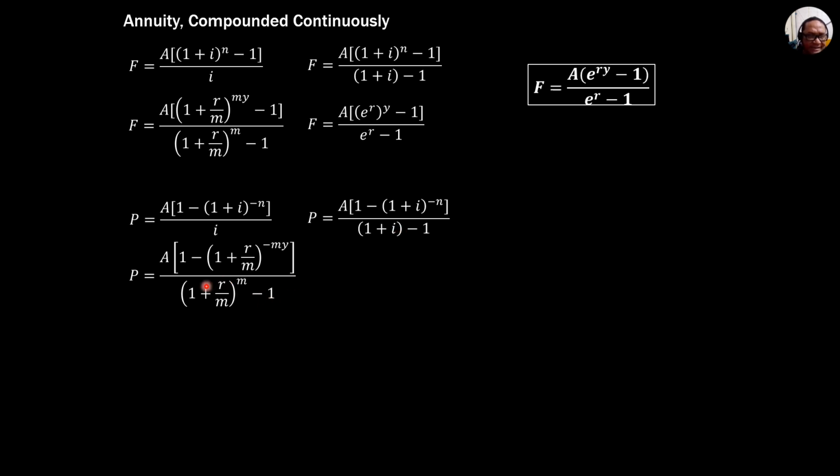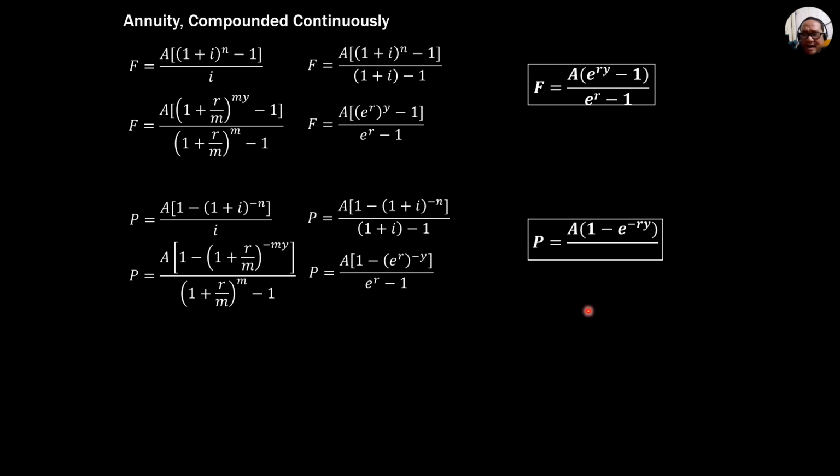So the present worth is A times the quantity 1 minus this formula. This is replaced by e to the negative ry, and this is e to the r. So A times 1 minus e to the negative ry over e to the r minus 1. So the formula for the present worth, therefore, is A times the quantity 1 minus e to the negative ry over e to the r minus 1, for that case.